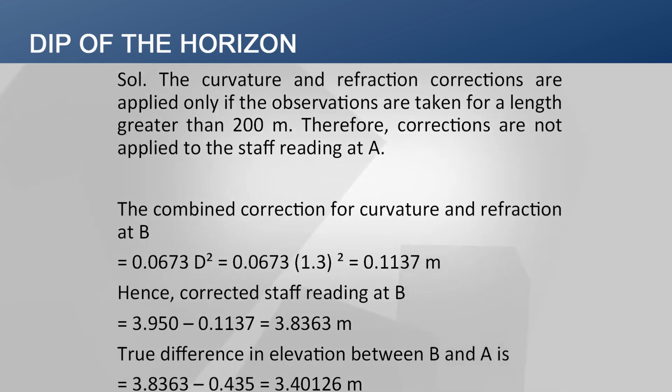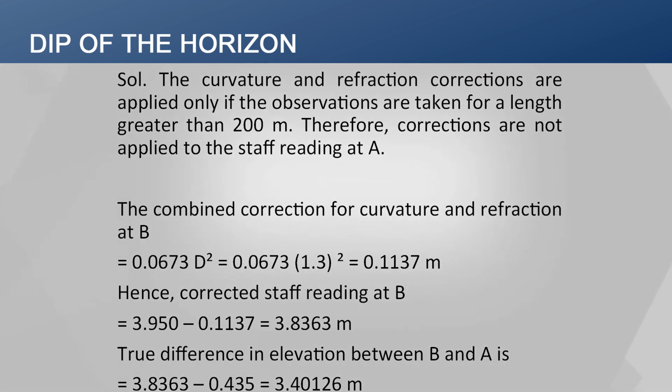D is put in kilometers, so it will be 0.0673 multiplied by 1.3 whole square, which will result in 0.1137 meter.